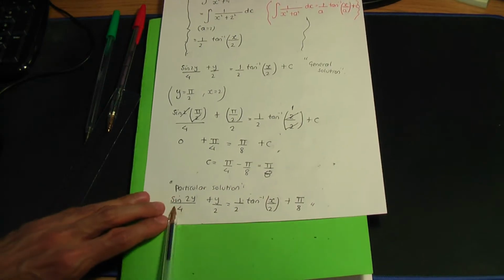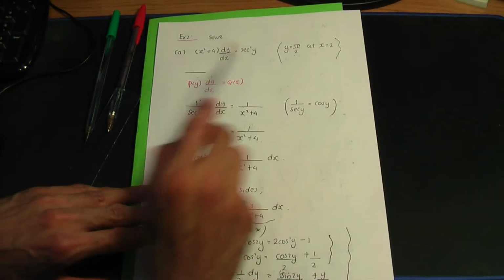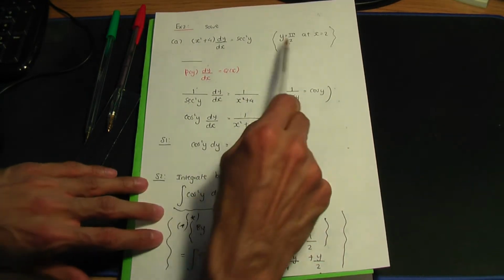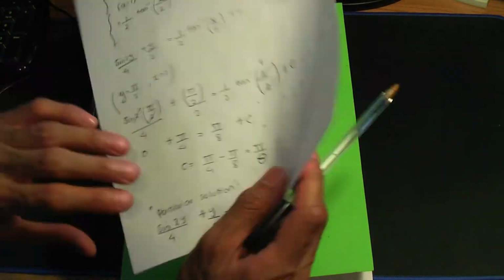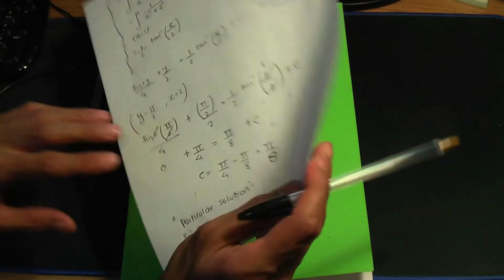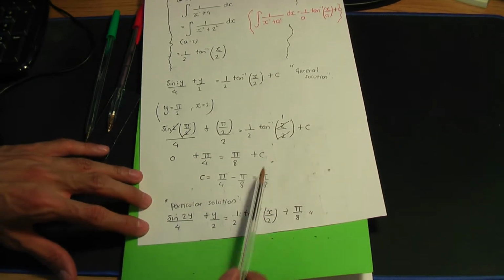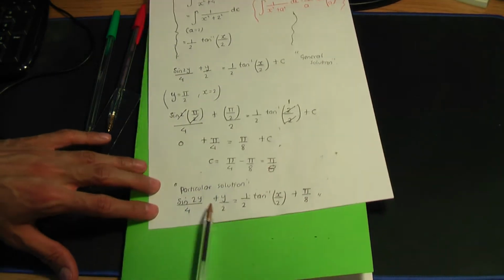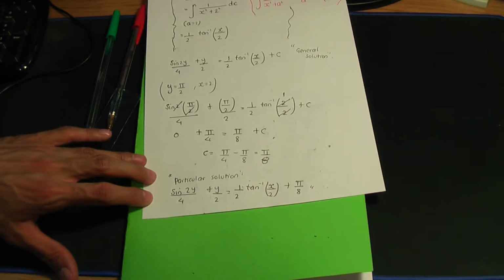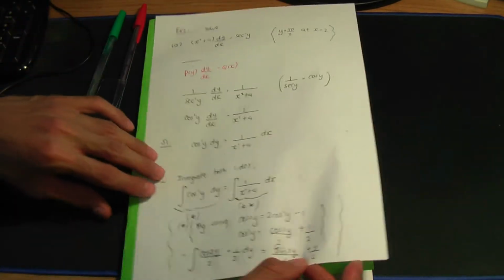So this is our particular solution to our differential equation in question. If you've been given values for x and y, you can use these conditions in order to calculate the value of your integration constant. Once you have that value, you can replace that back into your general solution to find your particular solution. So that completes this example over here, example 2a.